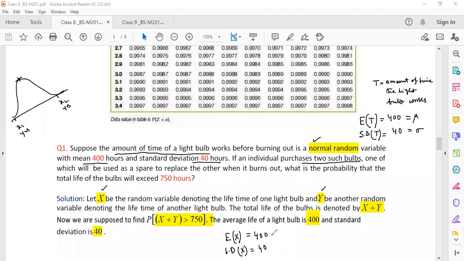It is not only happening for the first light bulb, it happens for the second light bulb also. So both of these light bulbs have the same mean and variance or standard deviation. Understood?